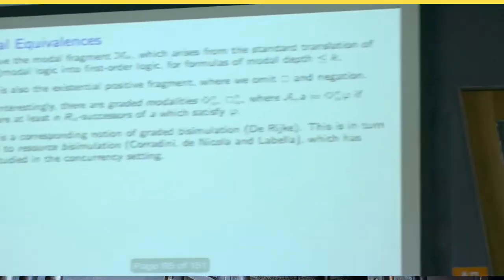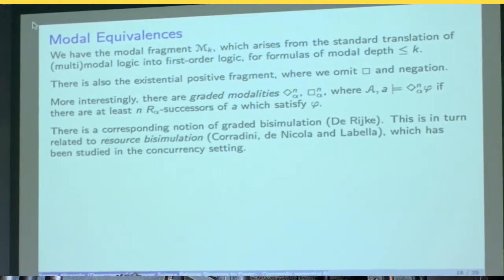And well, less familiar is what we do in the counting case, but actually this has also been studied. There's a notion of graded modalities, where you say that you satisfy a formula possibly n phi if there are at least n possible worlds which you can reach from the given state which satisfy phi.